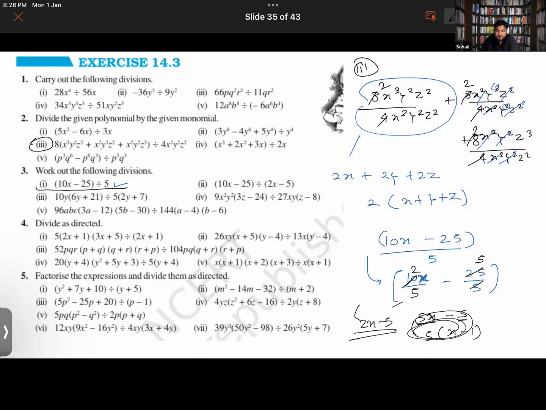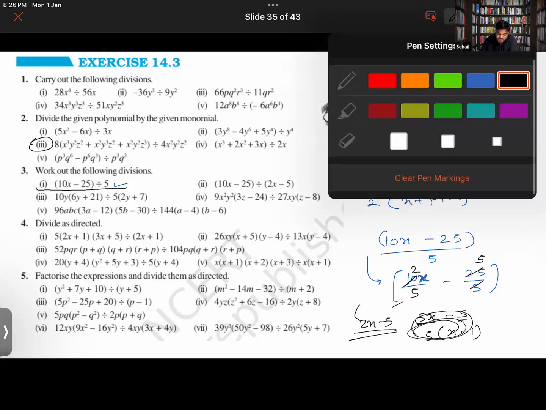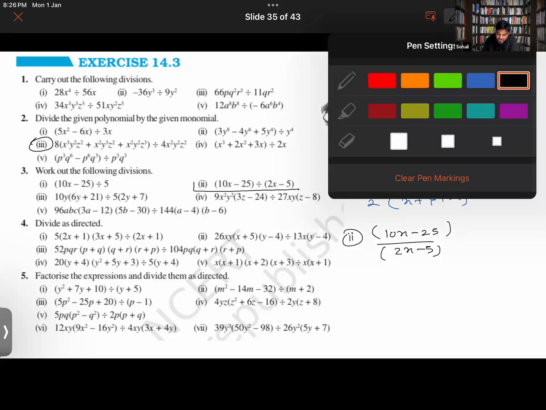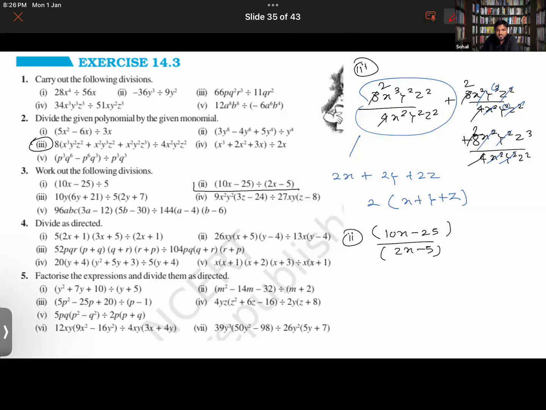Let's solve a few more questions for the remaining time. Question number 2, take this one: 10x minus 25 upon 2x minus 5. So how do we divide this question now?